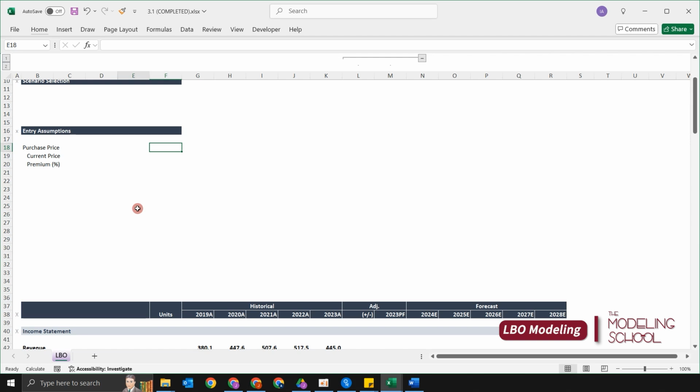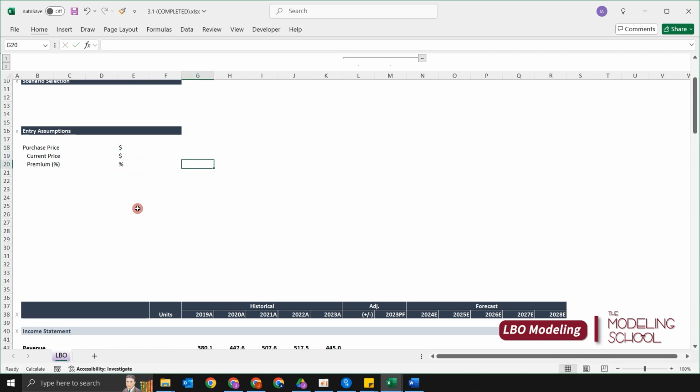So rather than just inputting random numbers in here, it seems much more logical to put a premium percentage to the current price, and that's going to lead us to the entry purchase price per share. So we're going to put in some simple units. So this is going to be in dollar terms.